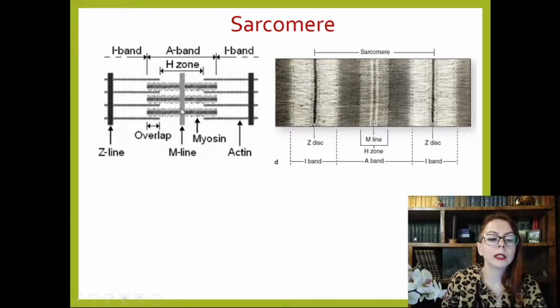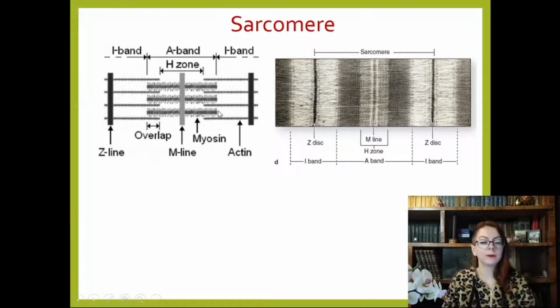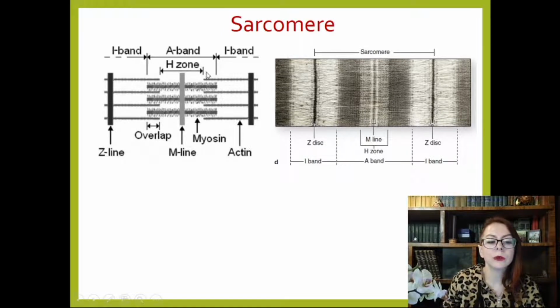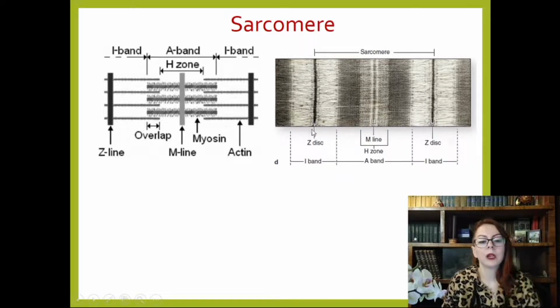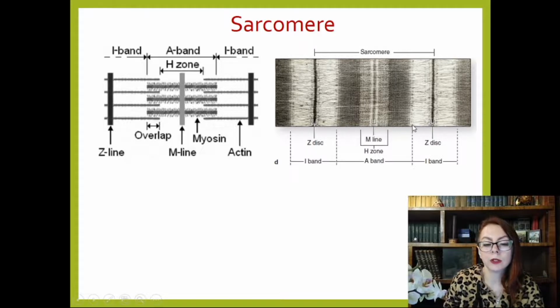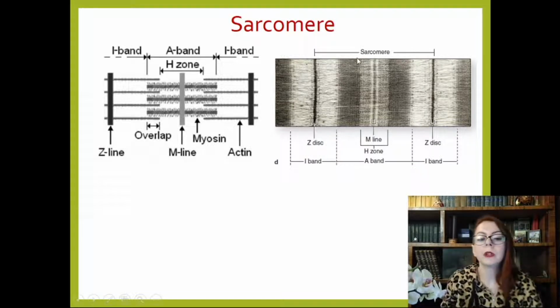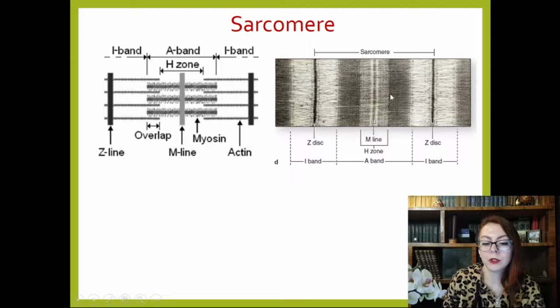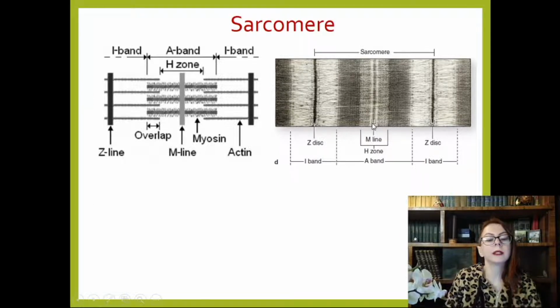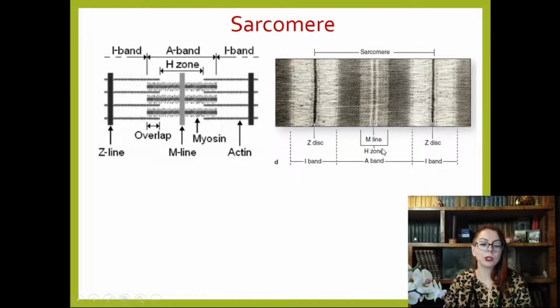In the center of the sarcomere, myosin filaments are fixed to the M line, and myosin filaments are thick. This region looks darker, and even under the electron microscope we can see that the central region of the sarcomere is more darkly stained. Moreover, in the central part of this dark line there is a more lightly stained region, which is called the H zone. What is the difference and why is the central region lighter?